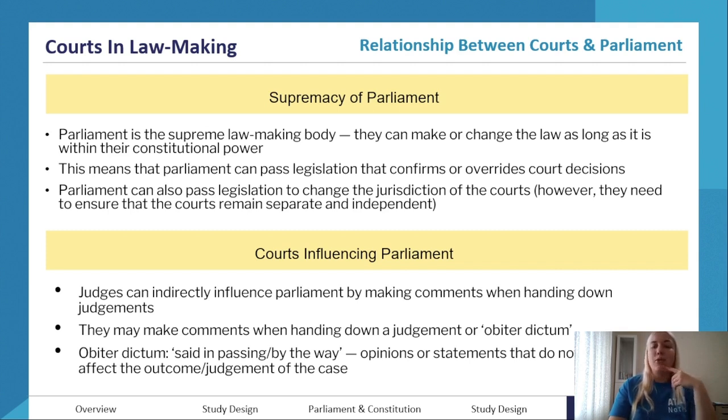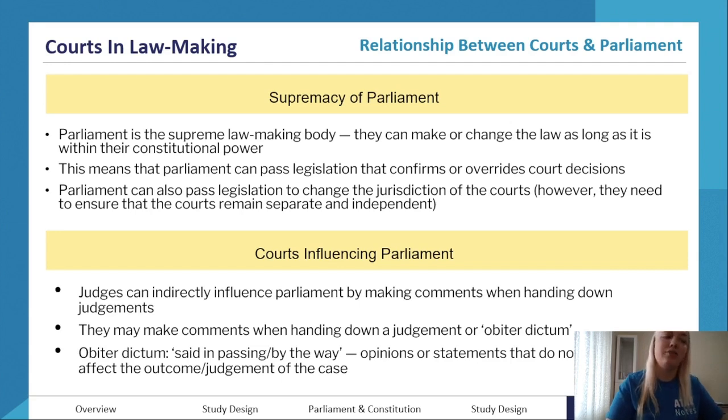Okay, and the next point is about courts influencing Parliament. So we said they have that non-binding part of precedent, which is the obiter dicta comments, the comments made by the judge as part of deciding a case. So these comments can be direct addresses to Parliament. They're the opinions or statements that do not affect the outcome or the judgment of the case, because courts are still restricted.